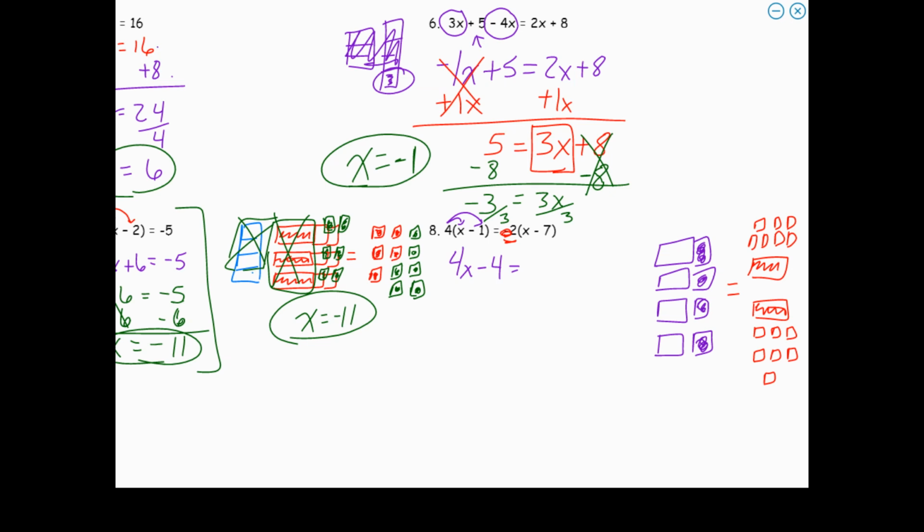So I have 2 groups, which are negative 2, gives me negative 2x's and positive 14 1s when I count them all up together.